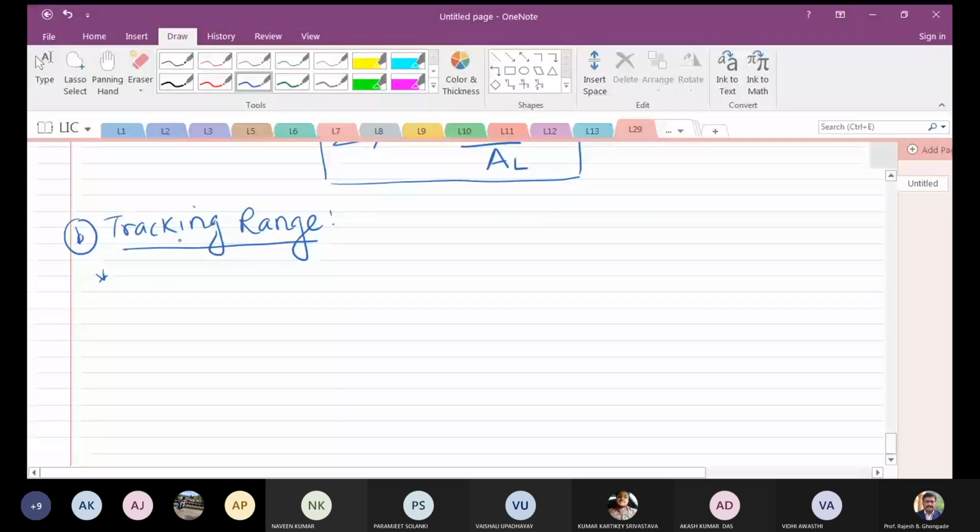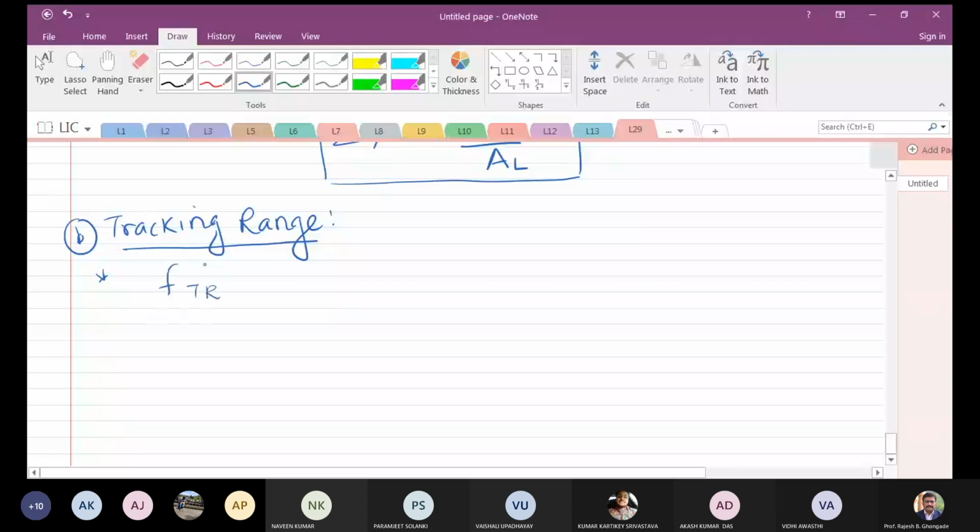We already know that. But for each PLL, there is some kind of an upper and lower frequency limit beyond which Fo will stop tracking Fi. The range of these frequencies between the limits is known as the tracking range, FTR.